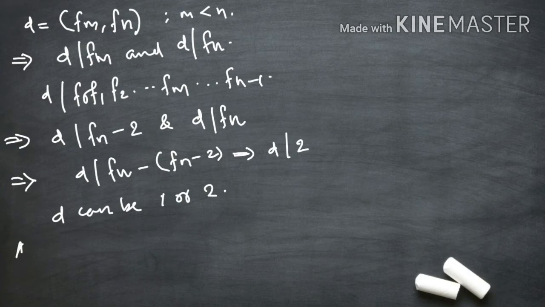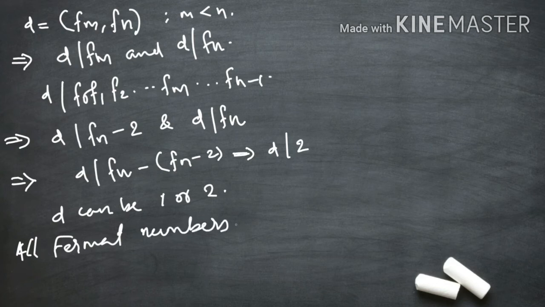We know that all Fermat numbers are odd. So d can't be 2, because d is the GCD of fm and fn, so fm and fn would have to be multiples of 2, that means they would be even numbers.